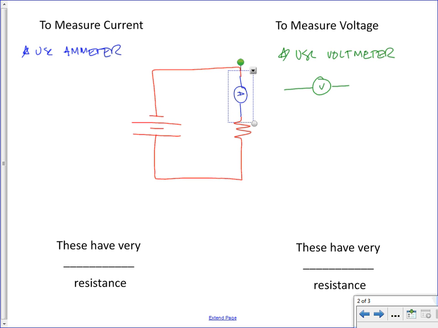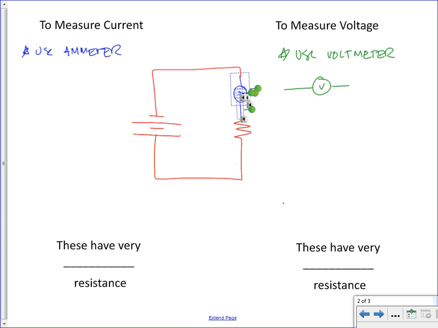We have to place that ammeter in such a way that current doesn't have a choice. Maybe it'll go through the ammeter, maybe it'll go through the resistor, right? We want to know how much current goes through the resistor. We have to let all that current that's about to go into it first go through the ammeter. Or alternatively, every bit of current that's gone through the resistor, let's now let it run through the ammeter and we'll measure how much that was.